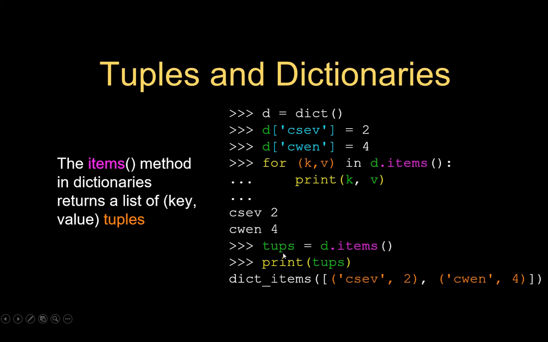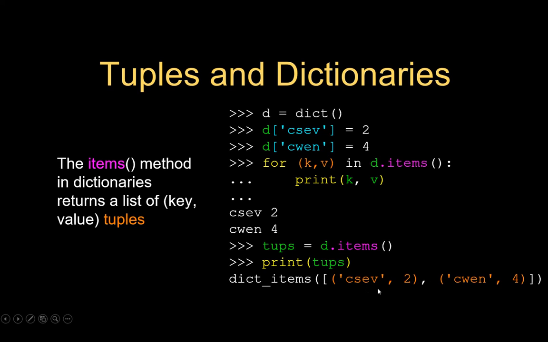Now, if we assign this dictionary's items to a tuple, we get a tuple with 2 items: the first is the key, and the second is the value.